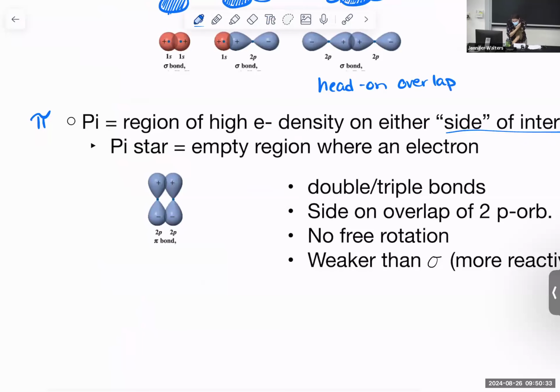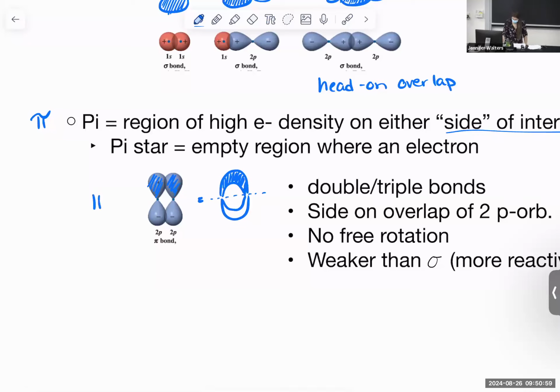So the side-on overlap of two unhybridized p orbitals is the only way to make this. So this comes together to be this like hollowed out hamburger bun. Then we have a nodal plane going through the middle.